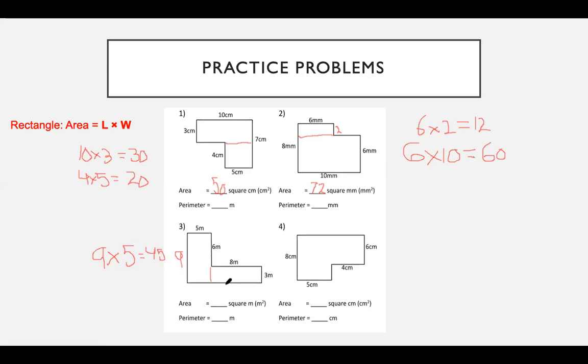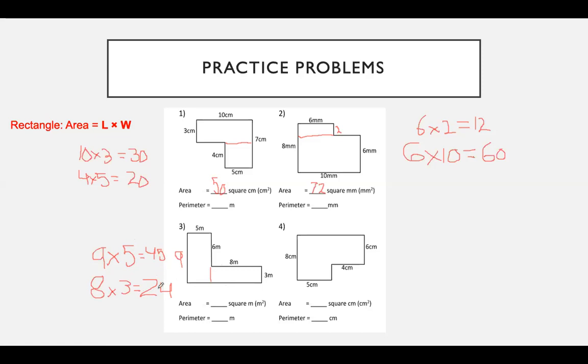Same deal over here. Do we know what this value is? Yes, we do. It is 8. And then do we know what this value is? Yes, we do. It's 3. So we just do 8 times 3 is equal to 24.